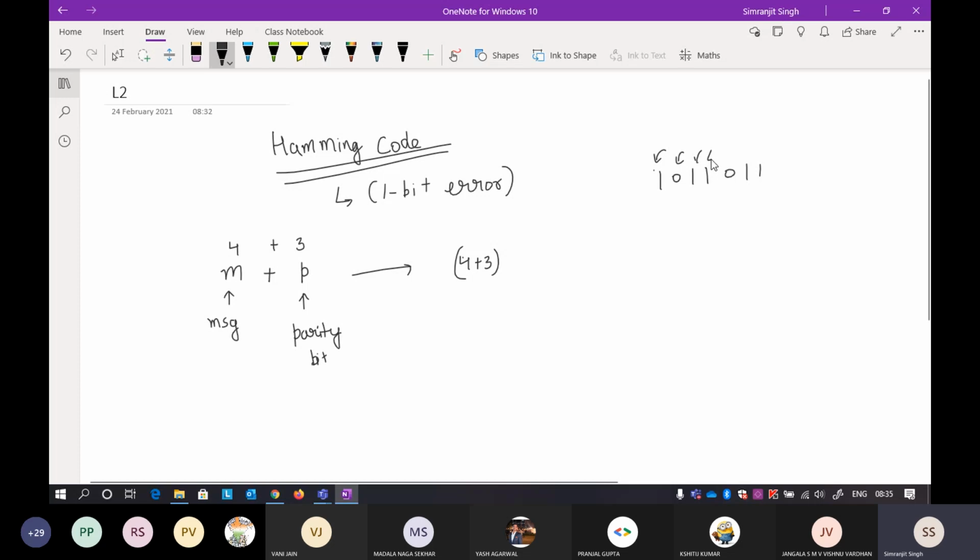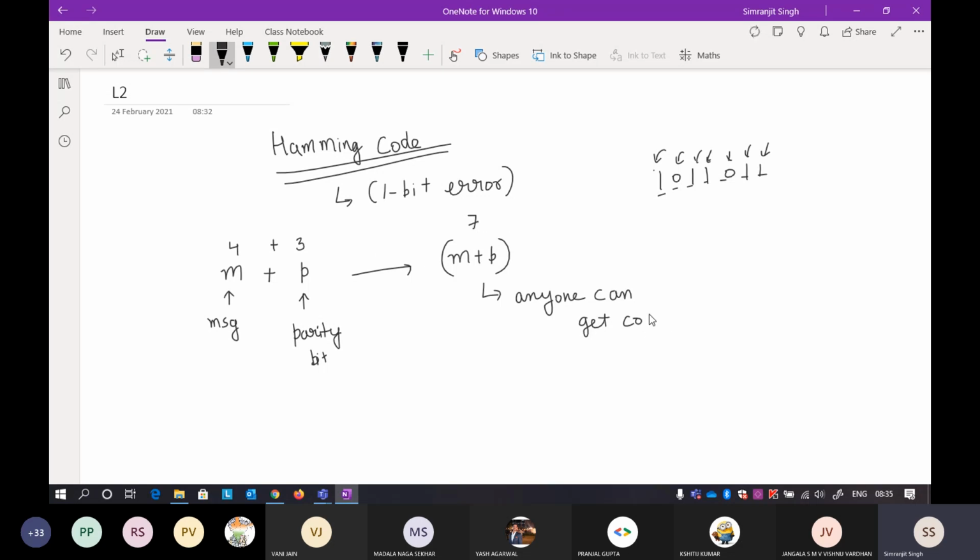Either this bit, this bit, this bit, this bit, this bit, this bit. So how many cases are there? 1, 2, 3, 4, 5, 6, 7. So a total of 7 cases. In the most general form, I'm calling this a total of m plus p cases. In these cases, any one of the bits can get corrupted. So there are 7 total possibilities if I'm taking 4 plus 3.